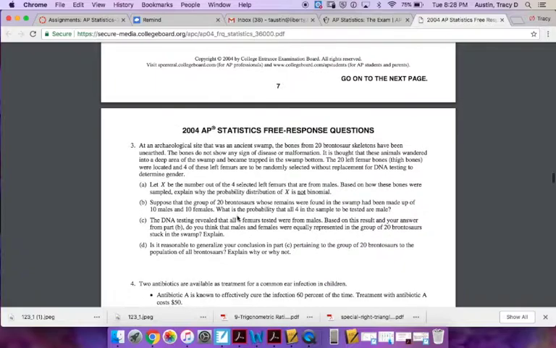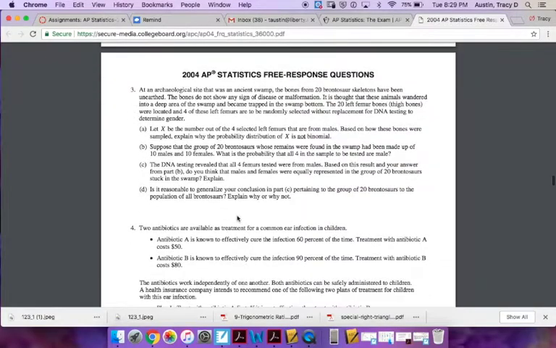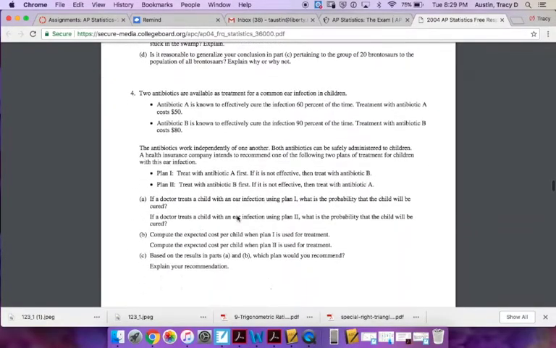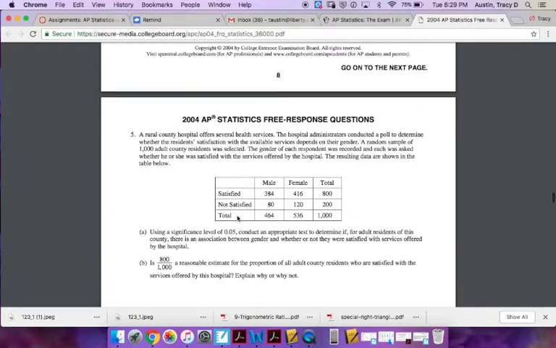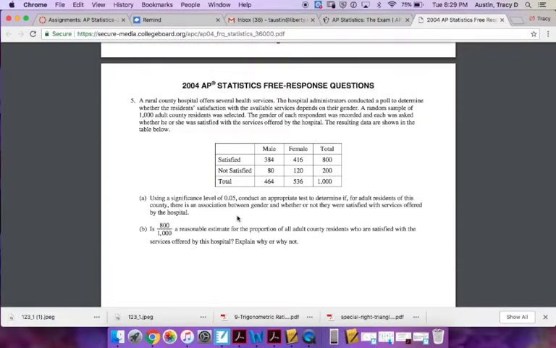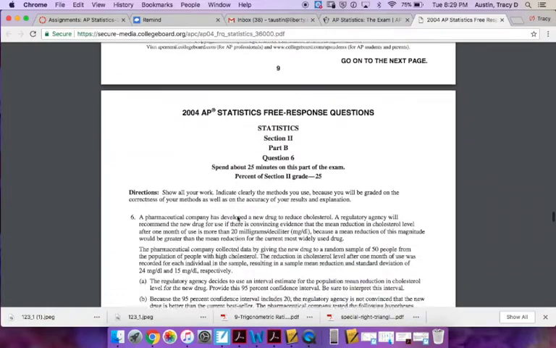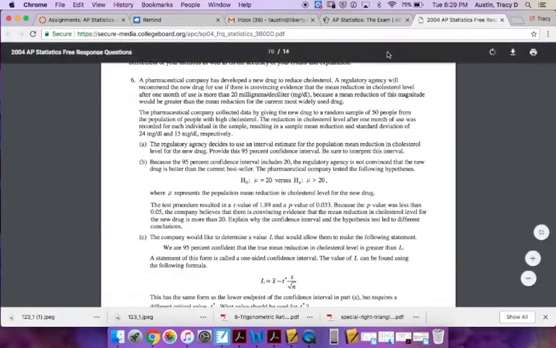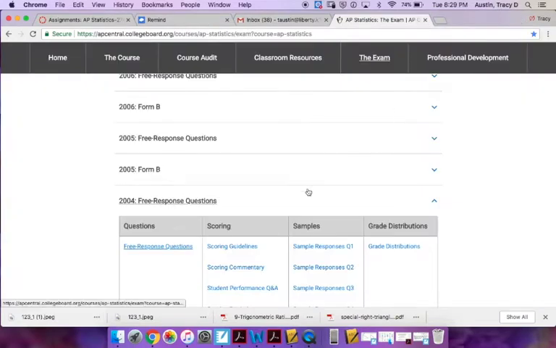Nope, not an experiment. Nope, that's not that one. Huh, maybe it was 2006 then.